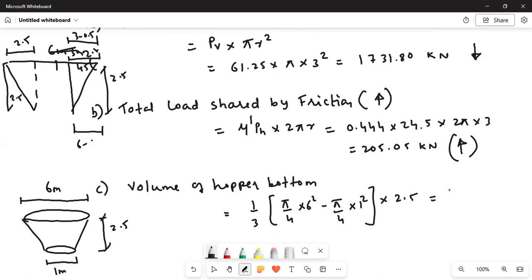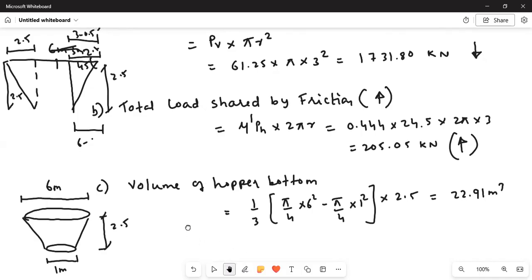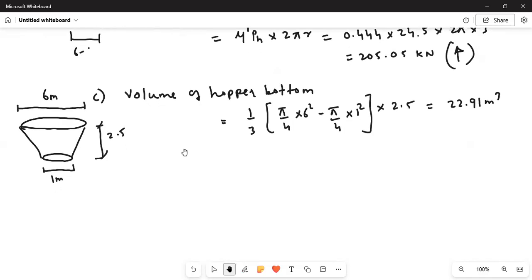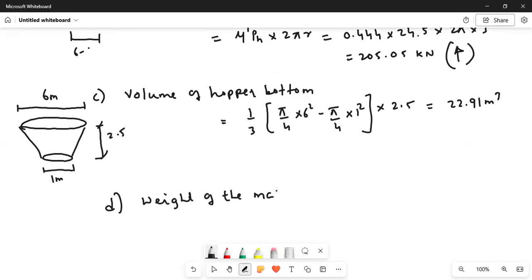The volume is coming as 22.91 meter cube. Now we can find the weight of the material. D, weight of the material in the hopper bottom.